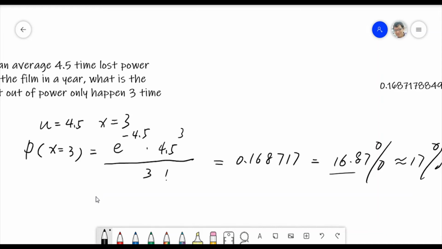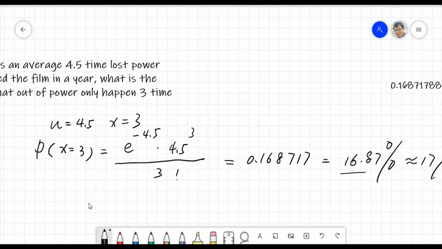So it's very low, right? If it only happened 1 time or only 2 times, it would be far less. I'm not sure, but it can be calculated that way. I guess it will be very far less.